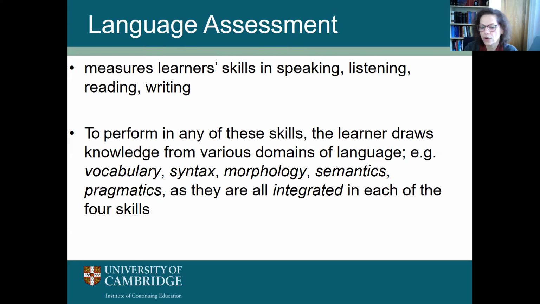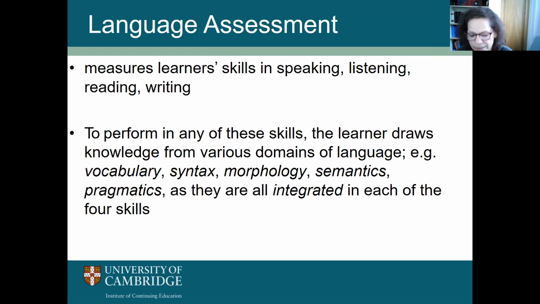Okay, so vocabulary knowledge, grammar and syntax, morphology, that is how words inflect, what sort of endings they take depending on the context in which they appear, the meaning of words and sentences in semantics, as well as the use of language in different contexts in pragmatics.